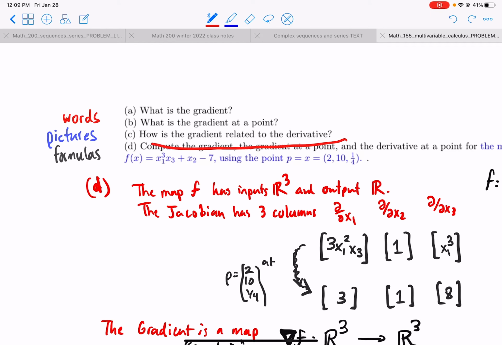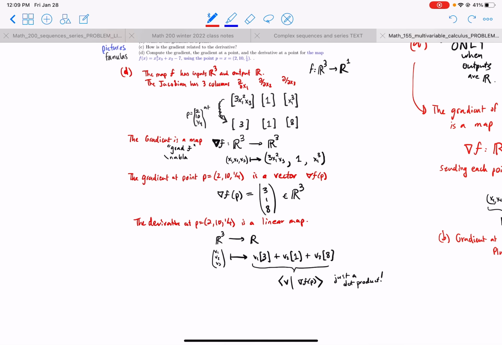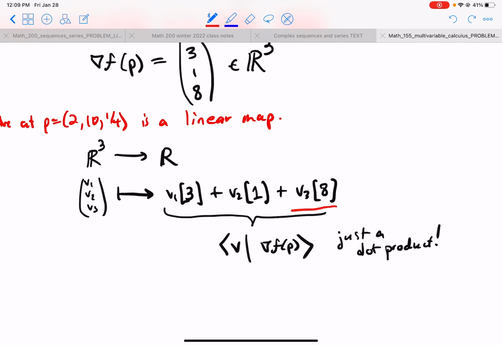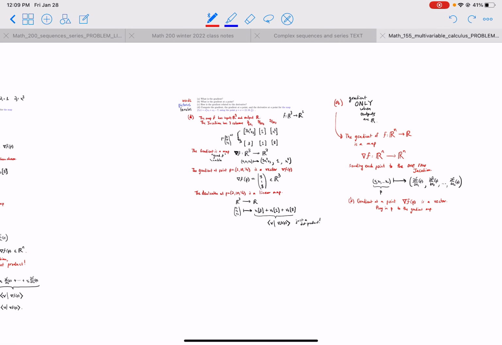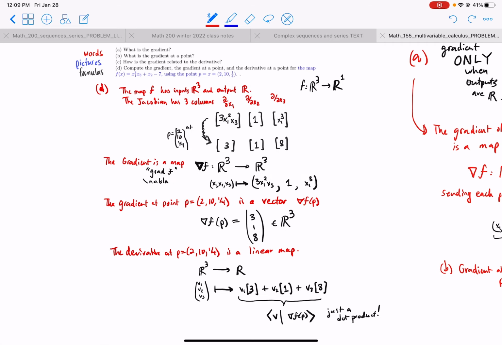How is the gradient related to the derivative by a dot product? Because we have a one-row Jacobian, when we take a linear combination of the columns, each column is just a number, and so a linear combination of numbers is just a dot product. And so that's sort of the idea here. How is the gradient related to the derivative?